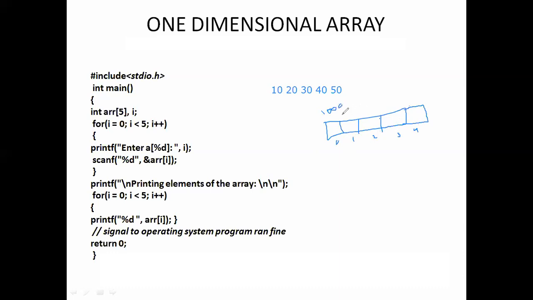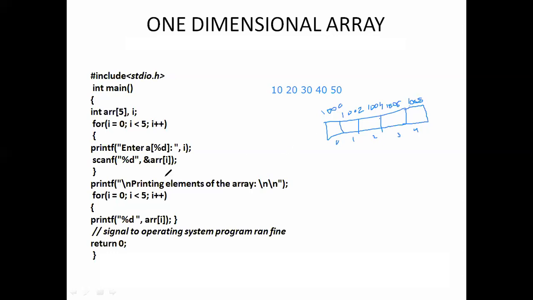This is the address. The first address is 100, the next is 102, because I am taking the data type as int, so it will allocate continuous memory. Understand? In this way it will allocate the memory.